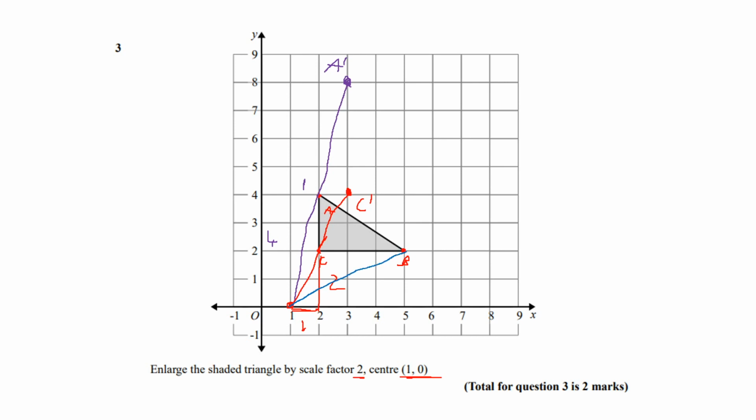Let's connect center and B. And this is a 1, 2, 3, 4, 4 by 2 line. So let's draw another 4 by 2 line. Like so. And we'll call this one B prime. Let's connect the dots. And we're left with this triangle here.